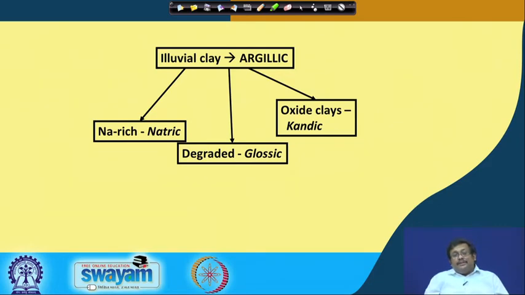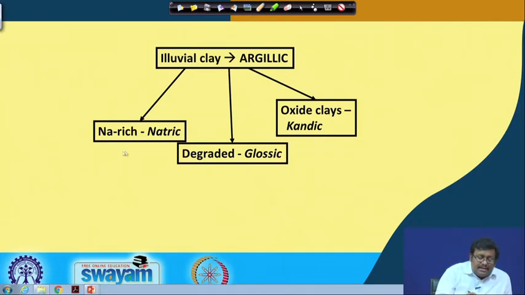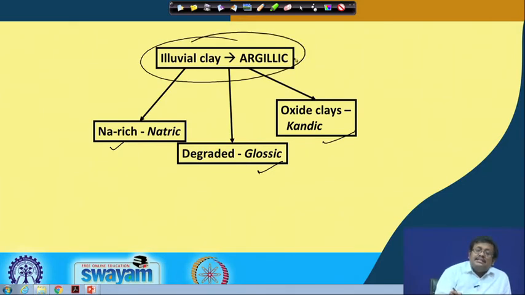When there is alluviation of clay and simultaneously there is degradation, we will call it glossic endopedon, and finally, when there is argillic horizon, but with oxide clays, then we will term it as candic horizon. In other words, these three subsurface horizons or endopedons are modifications of argillic horizons.